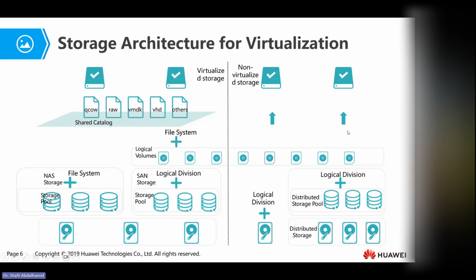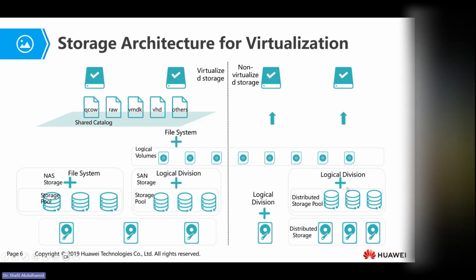So there are some little differences. The virtualized one uses the NAS or the SAN basically to manage the physical resources at the lowest level. Also at the lowest level for the non-virtualized, we have similar physical storage devices that are used to create a storage pool, basically.